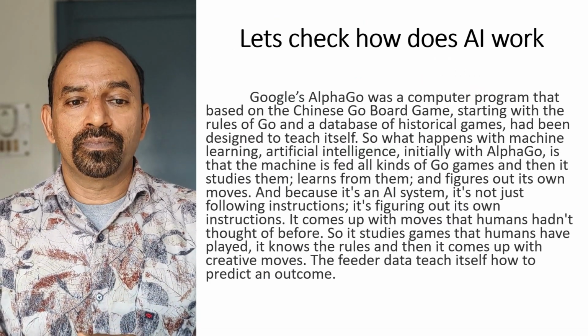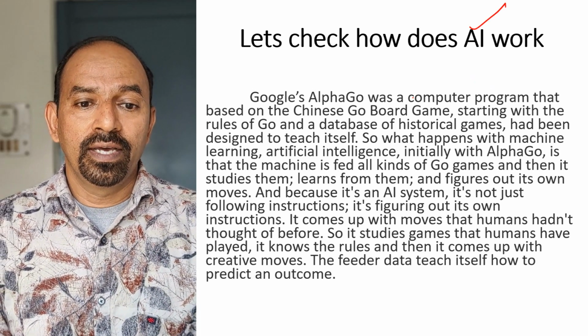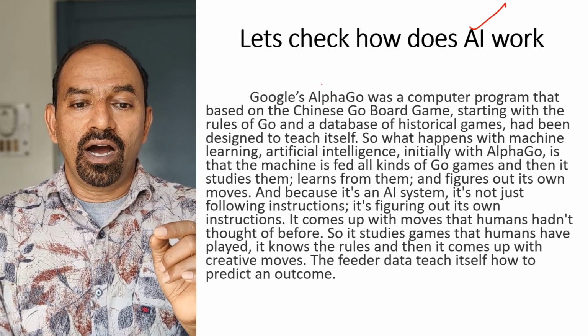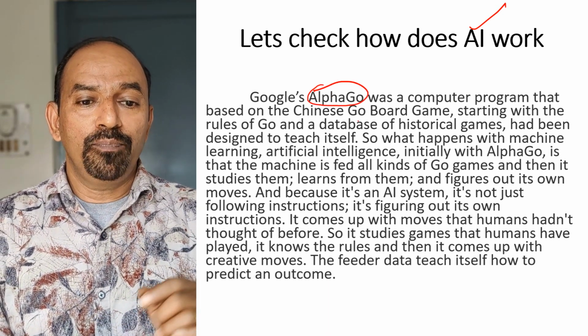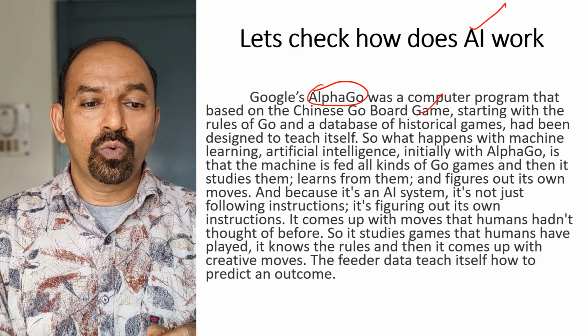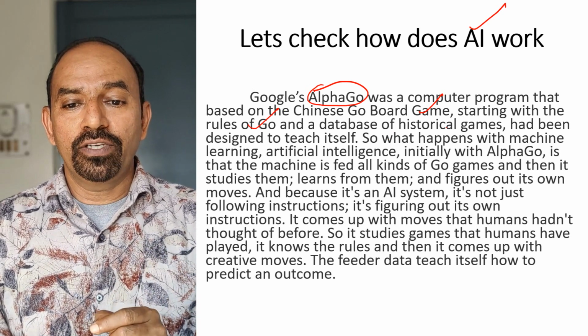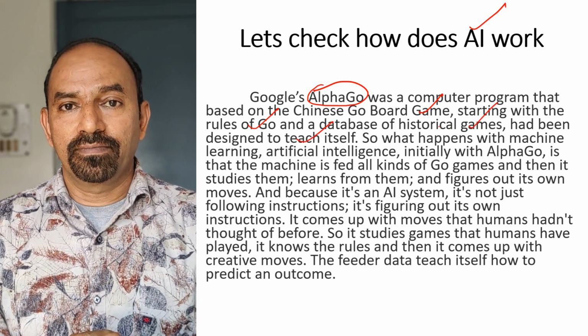Let us check how AI works. Google's AlphaGo was a computer program based on the Chinese board game Go, starting with the rules of Go and a database of historical games, designed to teach itself.